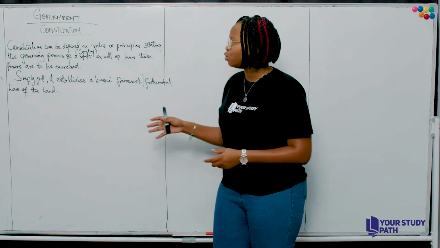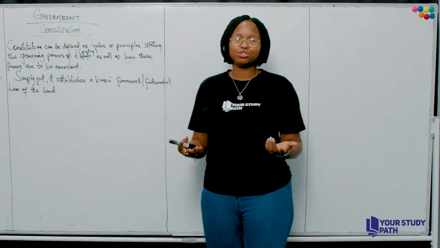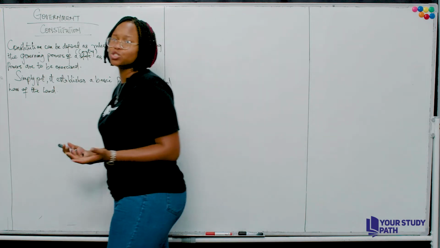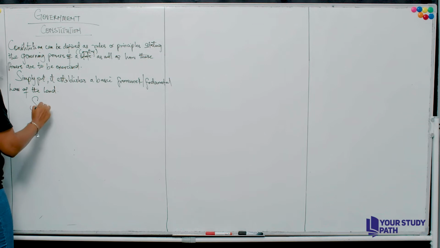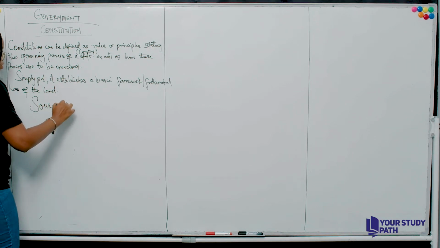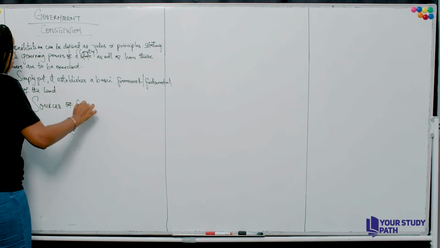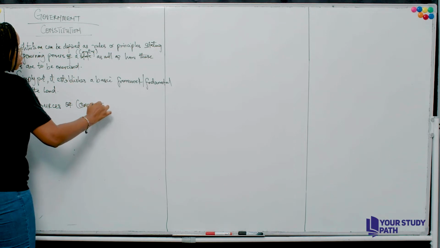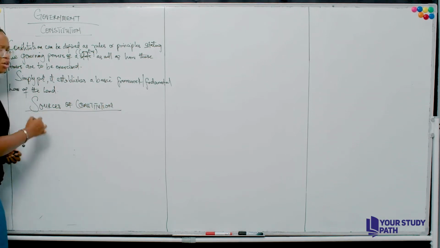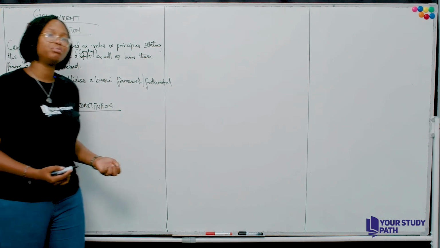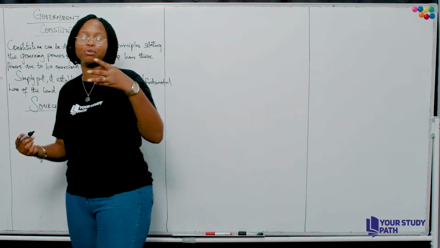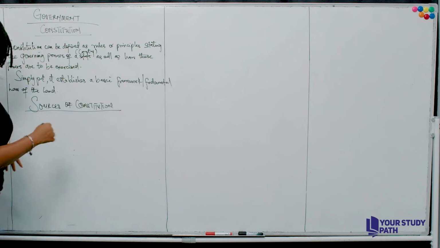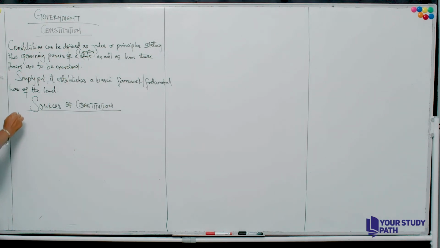So the next thing we want to look at is how the constitution is made, or what makes up the constitution. That is why we must look at the sources of constitution. If we say that constitutions are rules and principles that guide, where do we get these rules and principles? The first and most important one is the history of the people, the history of the landowners.